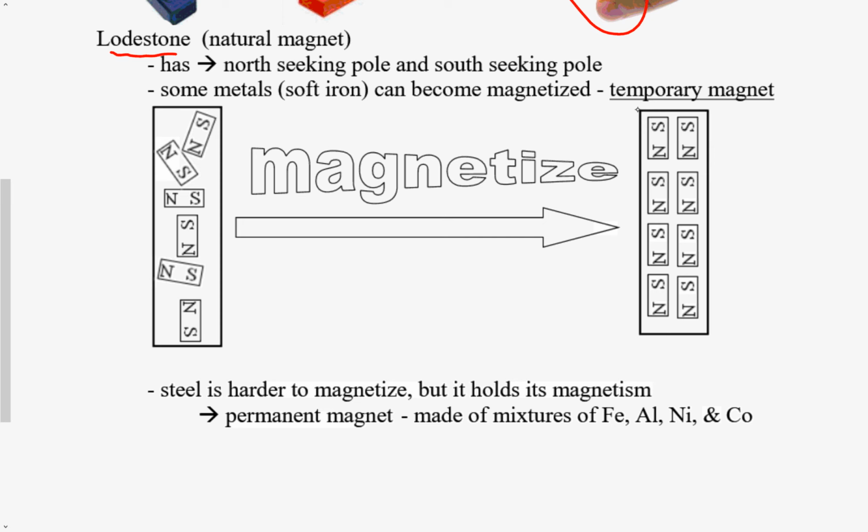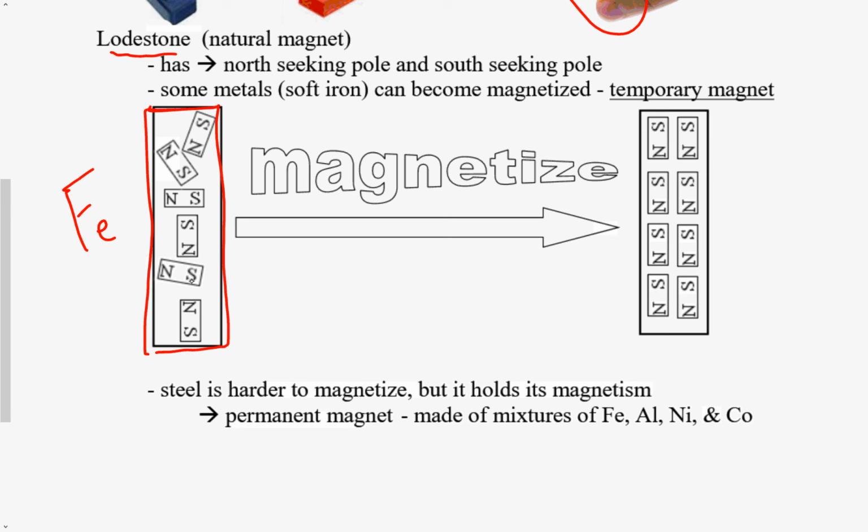So let's talk about what it is to actually magnetize something. Imagine every single particle of iron. Let's look at this bar of iron, Fe, ferrum. Every little particle of iron in here has a north and a south pole.